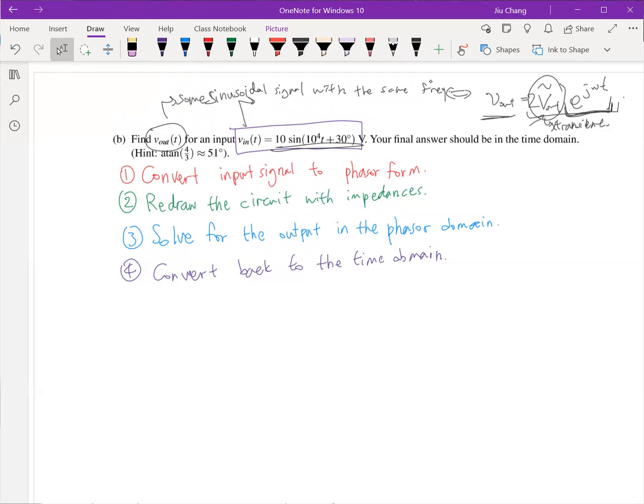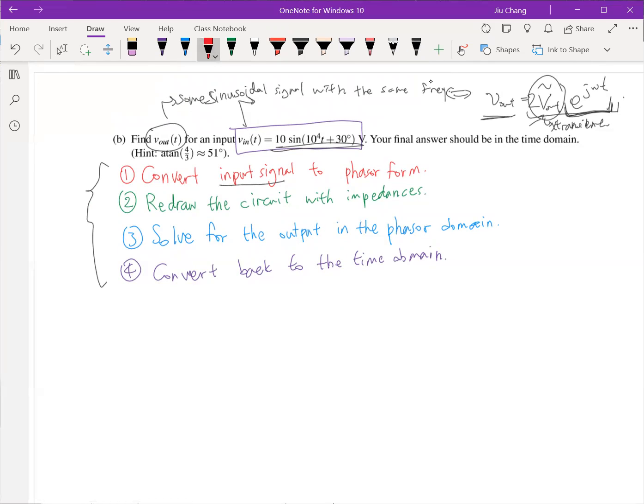Okay, so in case you don't remember how to solve a phasor problem, I wrote out these 4 steps to solving any phasor problem. First, you convert all the input signals to a phasor form.